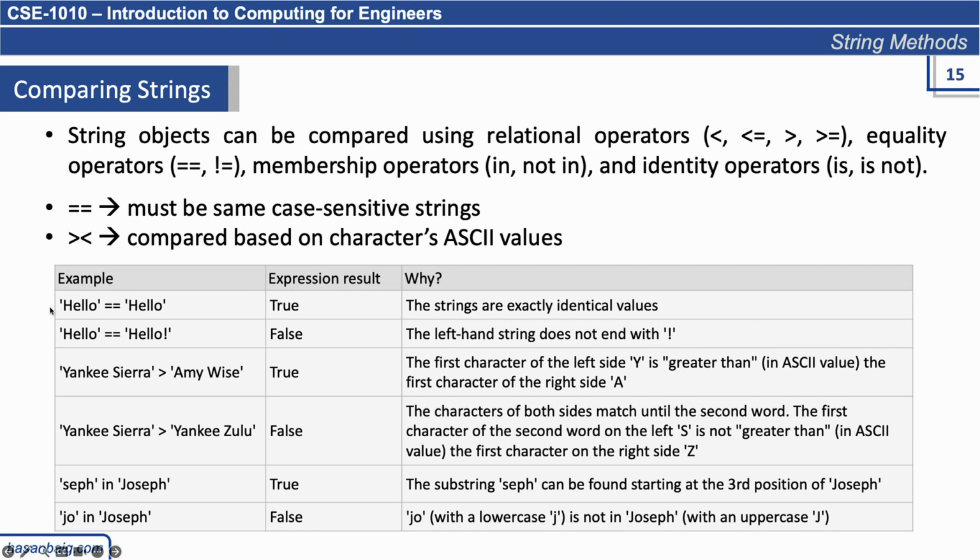Hello equal hello is true, which is not true here because I have an exclamation mark. Here Yankee Sierra is greater than Amy Wise, because capital Y would have a greater ASCII value, as they are in order starting from 65, 66, and so on. So the first character determines that this string is greater than this one. It's true.